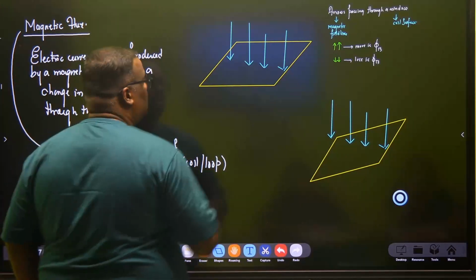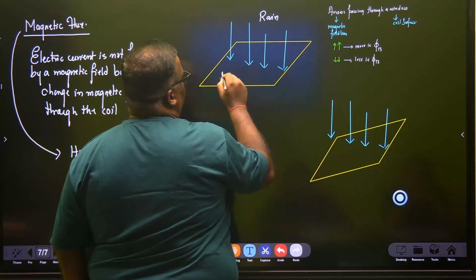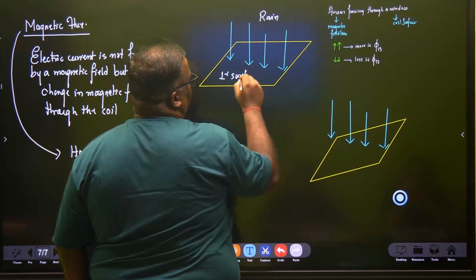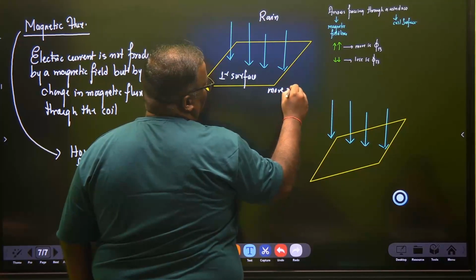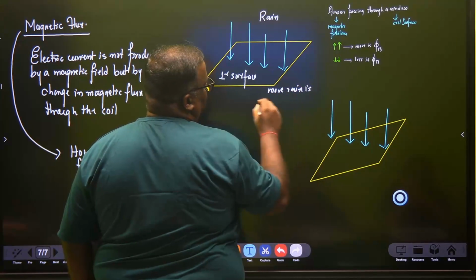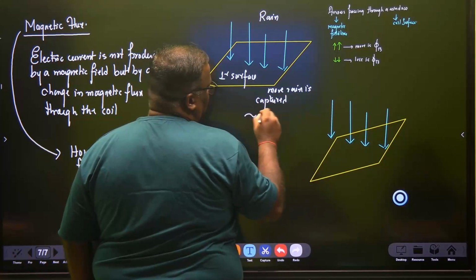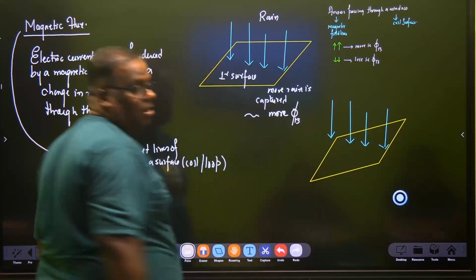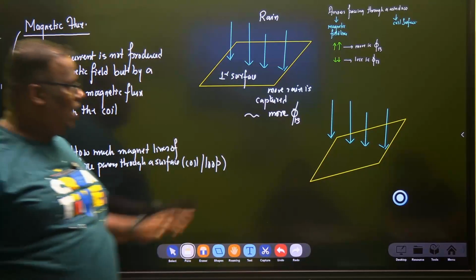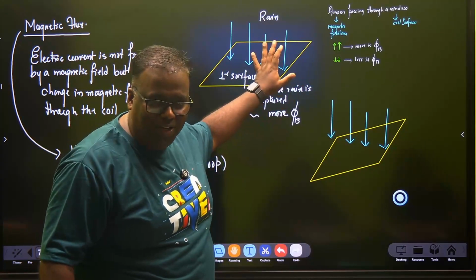So this experiment is like, this is rain and this is the perpendicular surface. So what do you get here? More rain is captured. So this is your analogy of more flux. This is uniform rain, meaning uniform magnetic field.